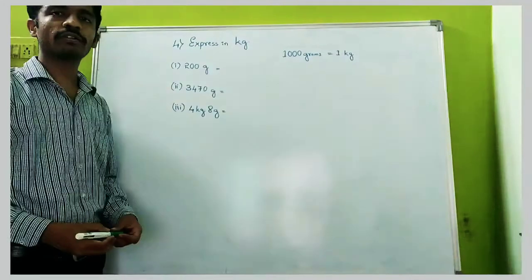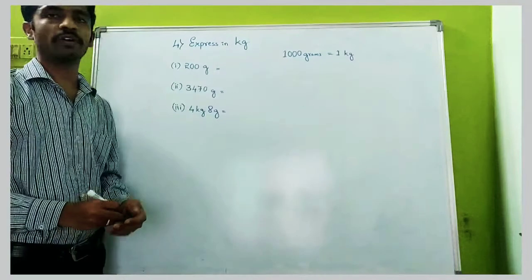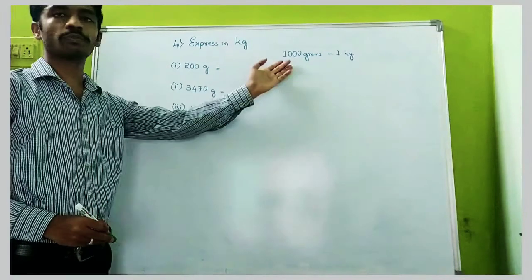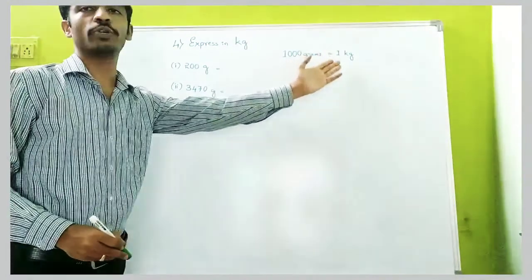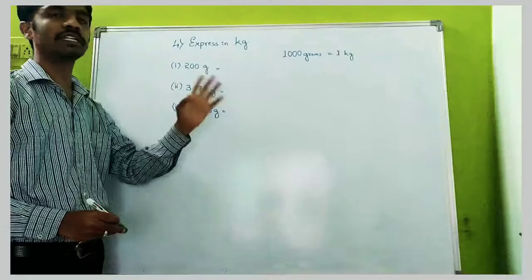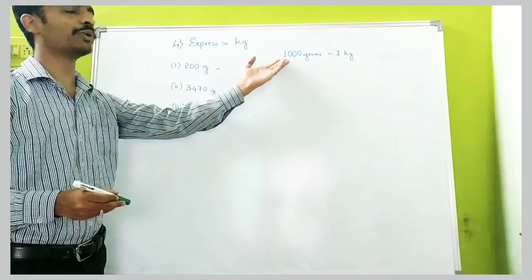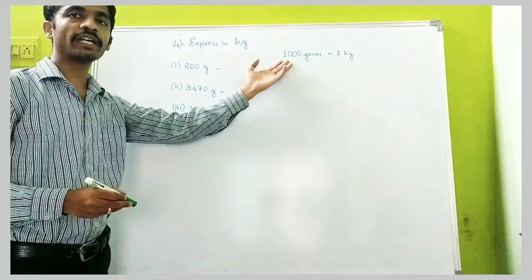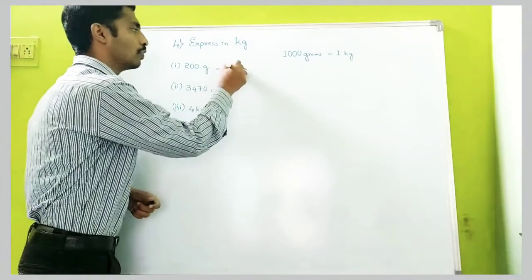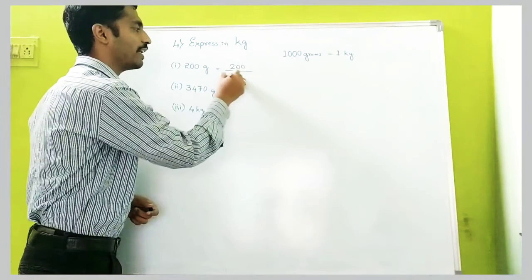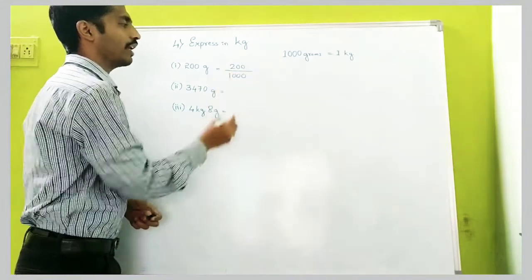Now fourth question, expressing in the kg form. Okay, so here first basic thing, 1000 grams equal to 1 kilogram, means 1 kg. So 200 gram is there. So converting into kg, what you have to do? You have to divide it by 1000. So 200 divided by 1000. Okay.